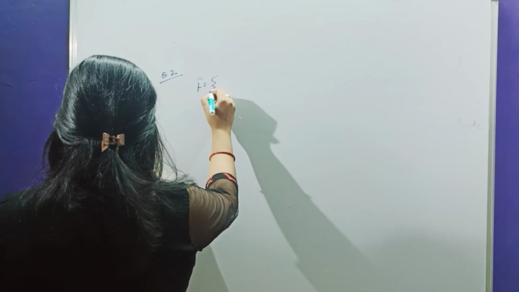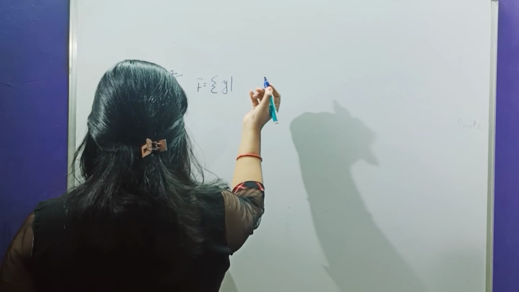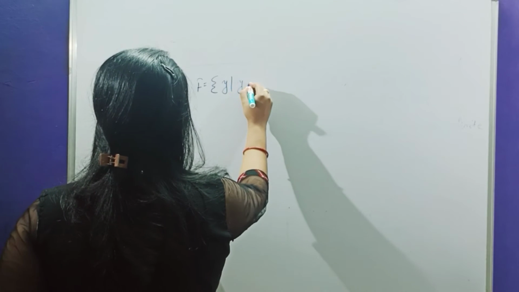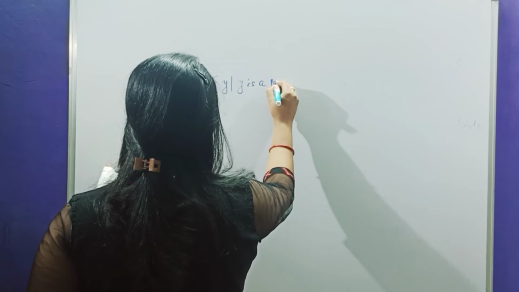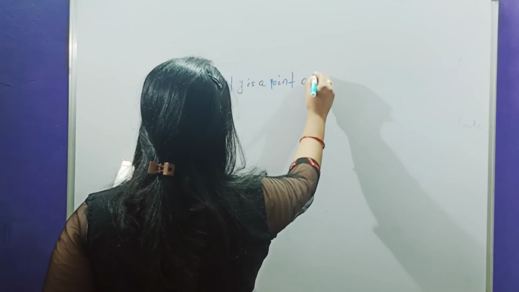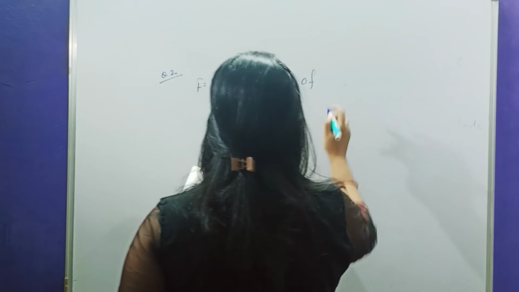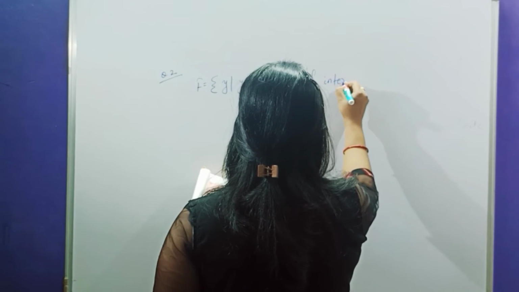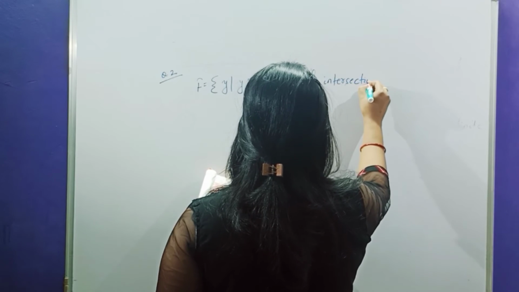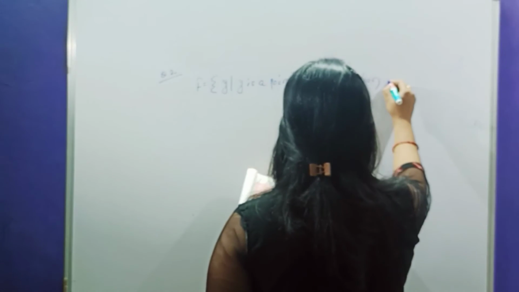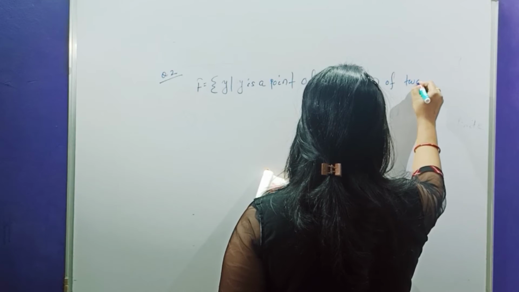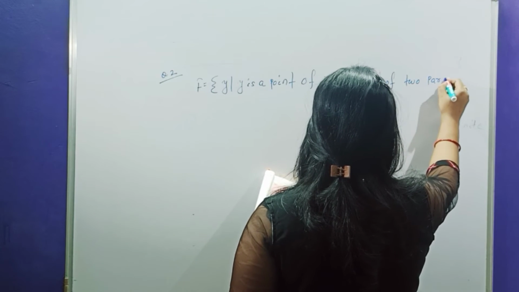F is a set of y such that y is a point of intersection of two parallel lines.